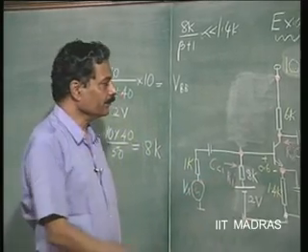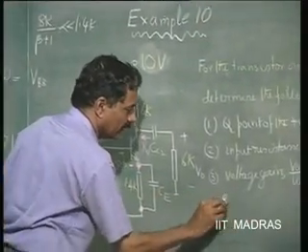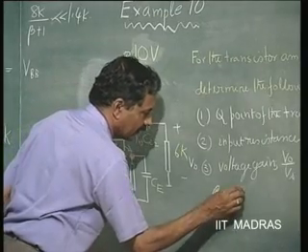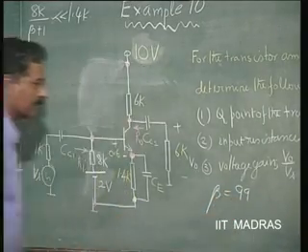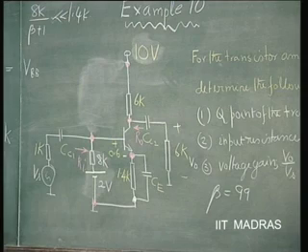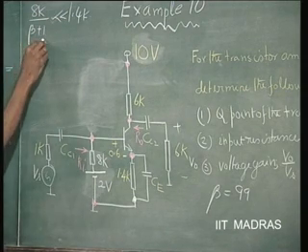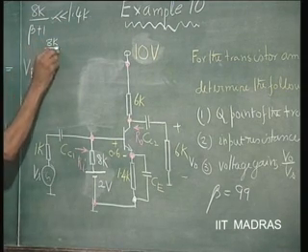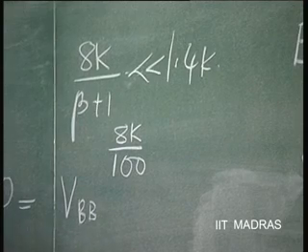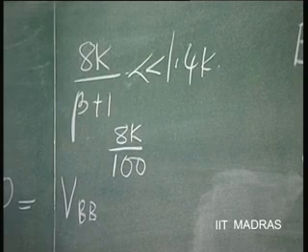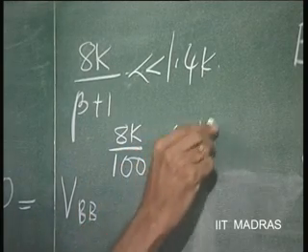Let us assume for the transistor beta is, let us say, 99. Then in this case we have 8K divided by 100, which is definitely much less than 1.4K.